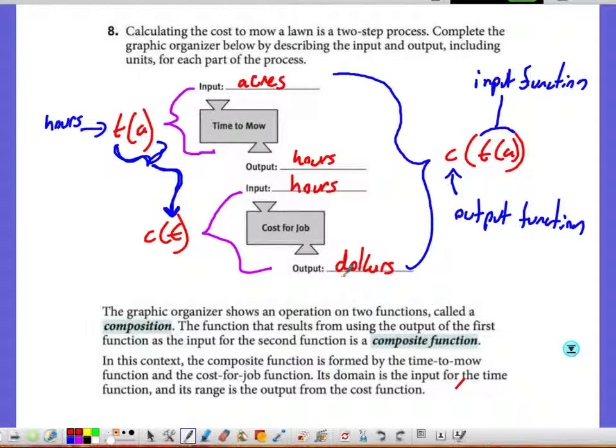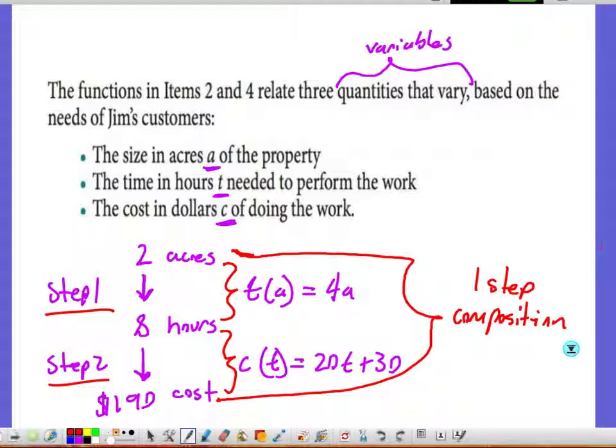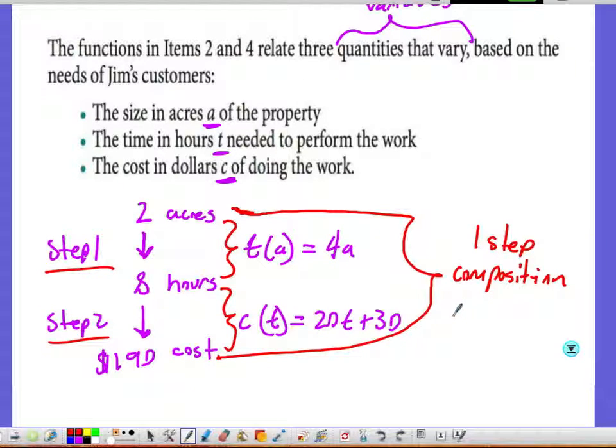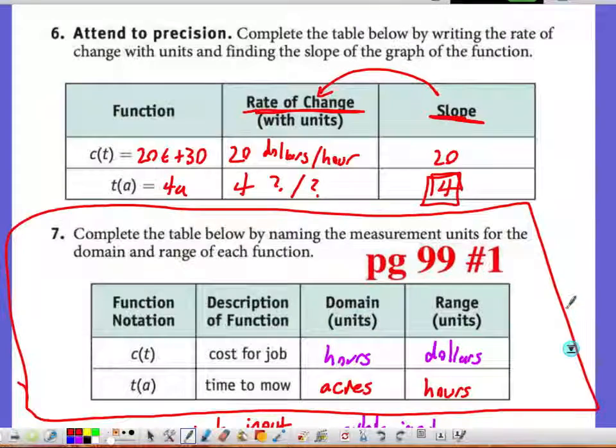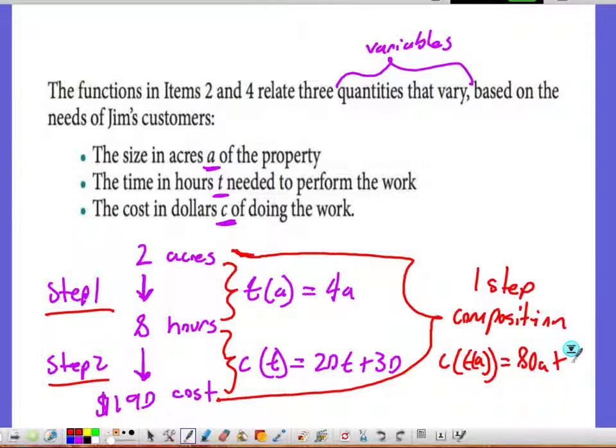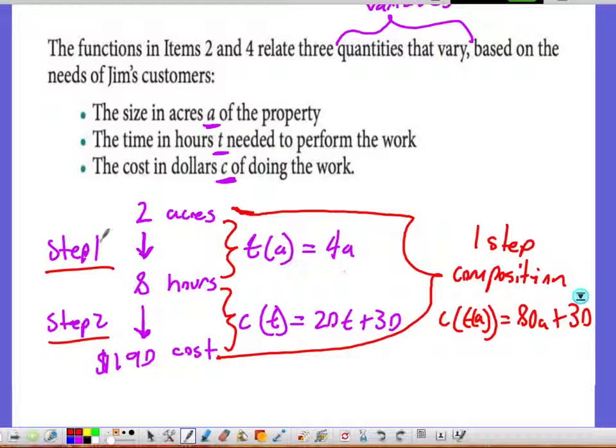And so going all the way back, our one-step composition function is going to be using the function C of T of A, which is equal to 80a plus 30. That is the benefit of a composite function. So instead of having two steps using two functions, I just go from one step using a composite function.